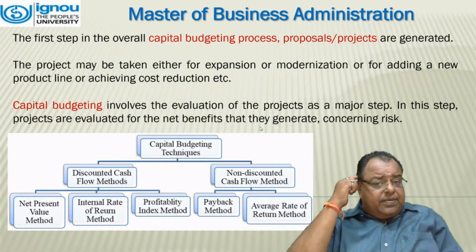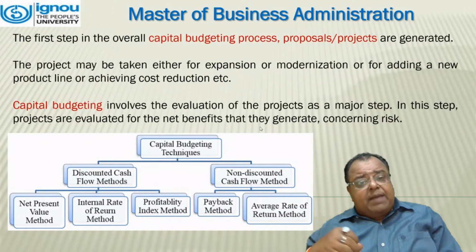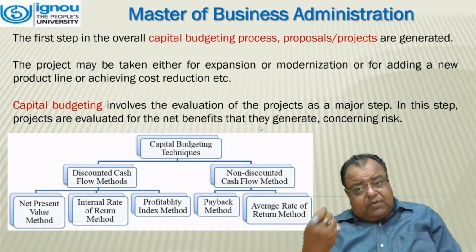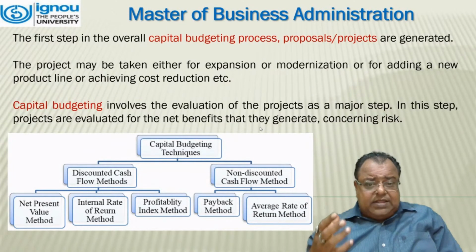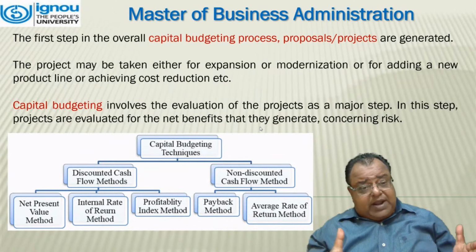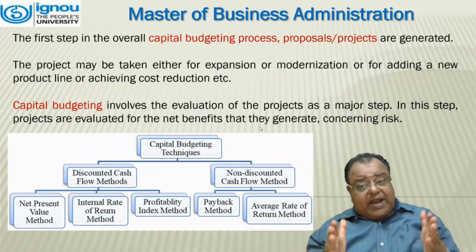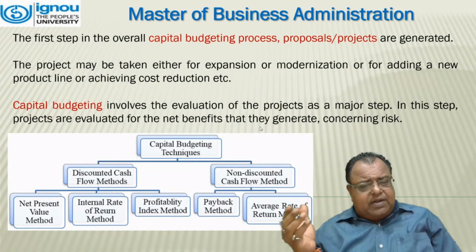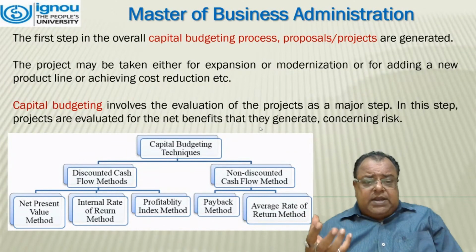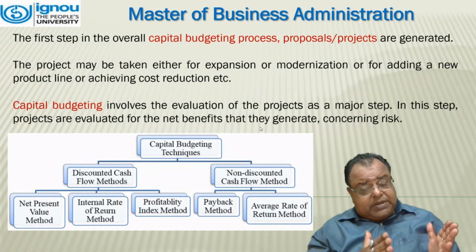In the first step of the overall capital budgeting process, project proposals are generated. The project may be taken either for expansion or modernization, or for adding a new product line or achieving cost reduction, etc. Capital budgeting involves the evaluation of the project, which is performed in this step.